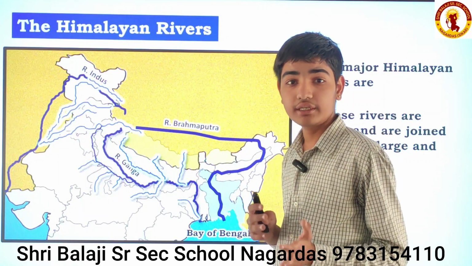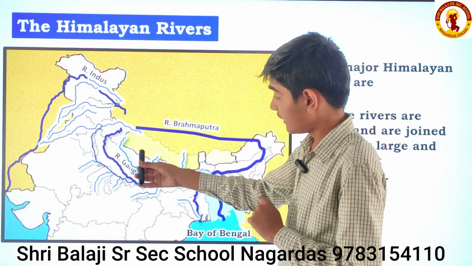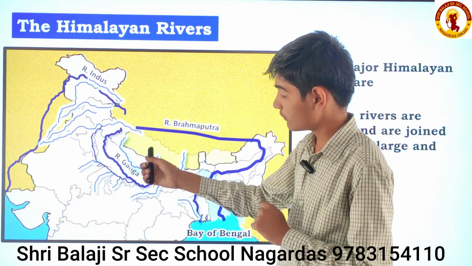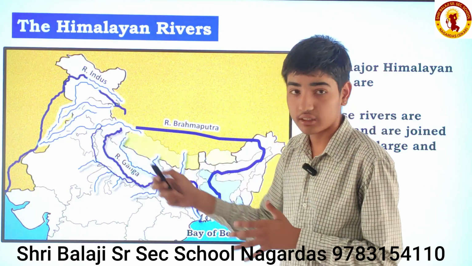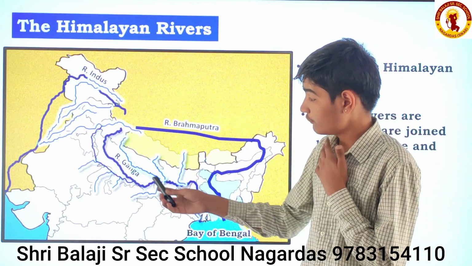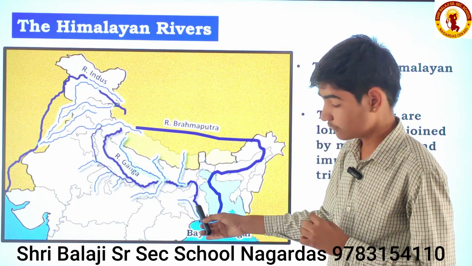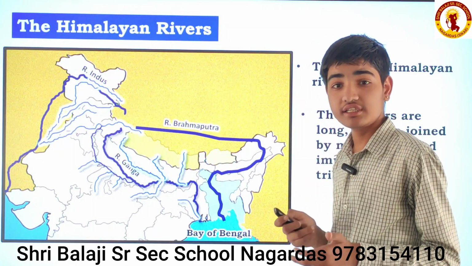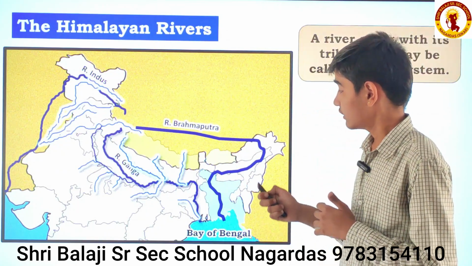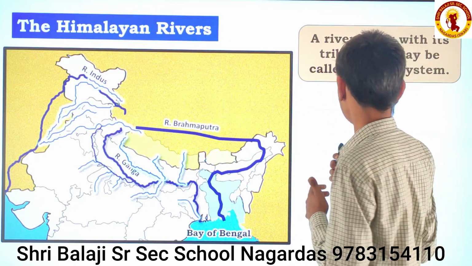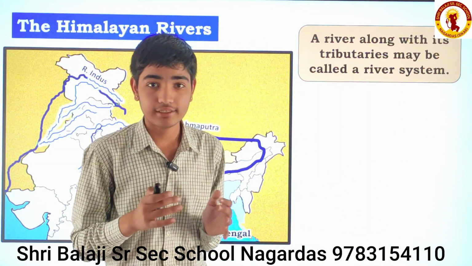As I described further, the drainage basin: the tributaries of Ganga from the northern side, from the southern side, and the river Ganga itself fulfill the need of the people of UP, Bihar and West Bengal. So this is also the drainage basin area of the river Ganga. A river along with its tributaries may be called a river system.